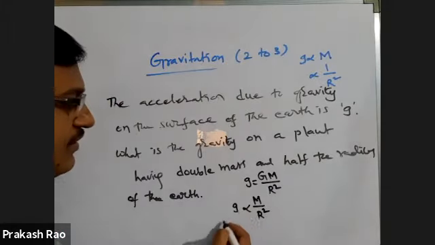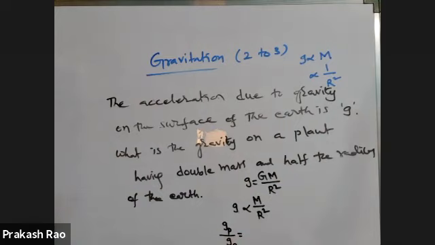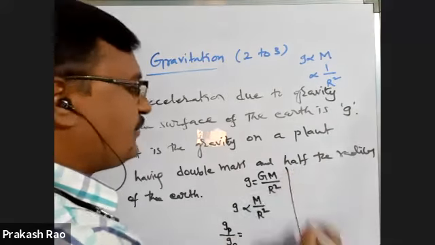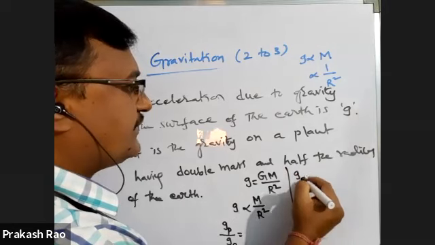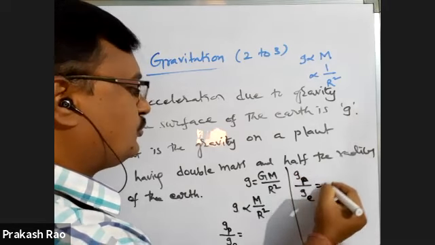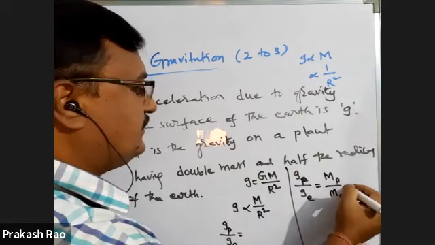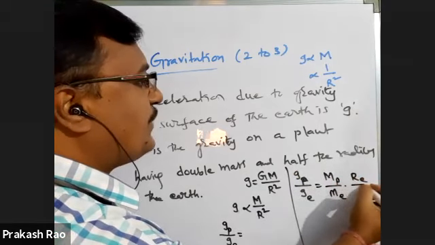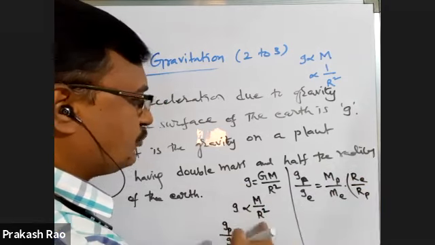Using this relation, you can write gravity on the planet to the gravity on the earth is equal to mass of the planet by mass of the earth, radius of the earth by radius of the planet, because they are inversely proportional.